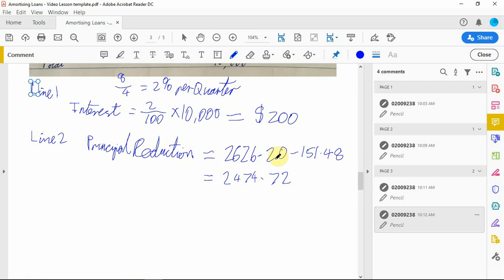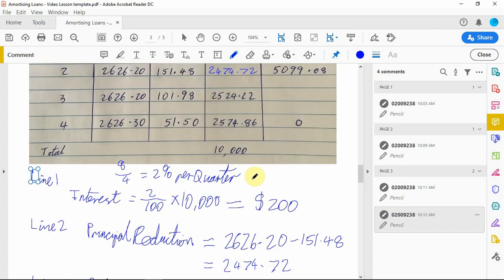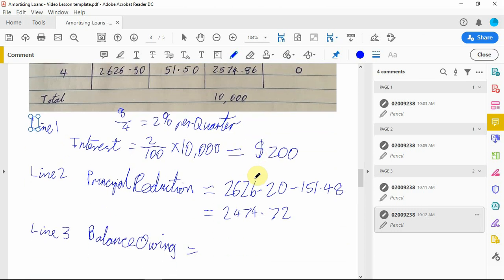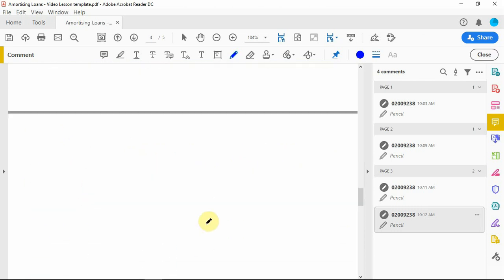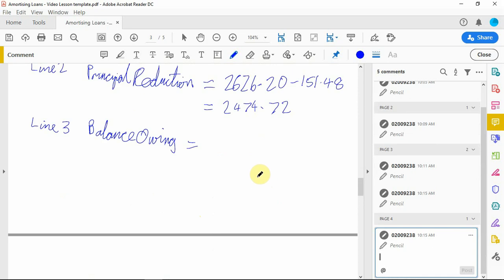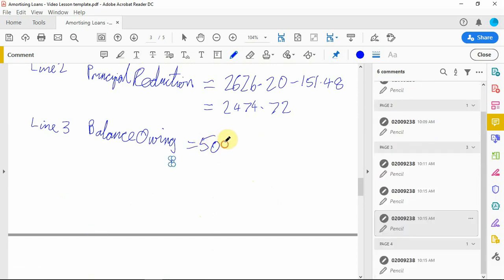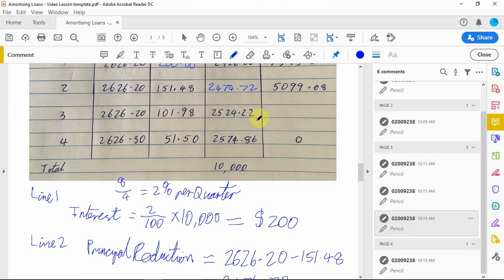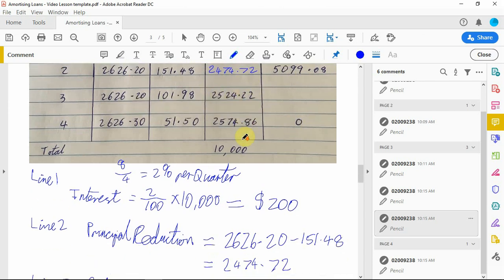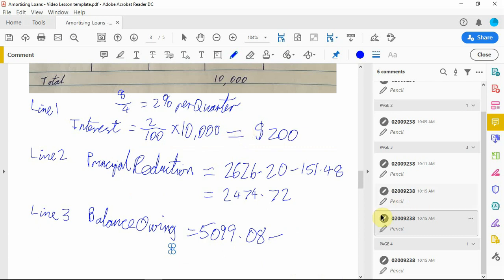Okay, so line 3, balance owing. As I said, it's our previous balance, $5,099.08, minus the principal reduction, and the principal reduction is this one here, 2,524.22.